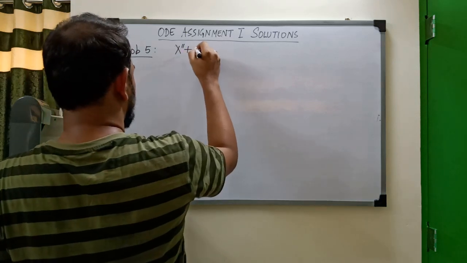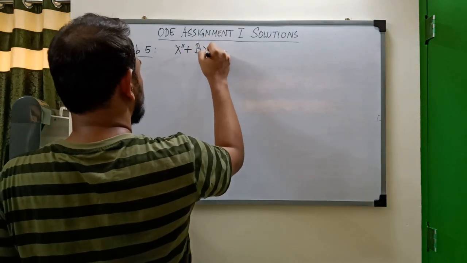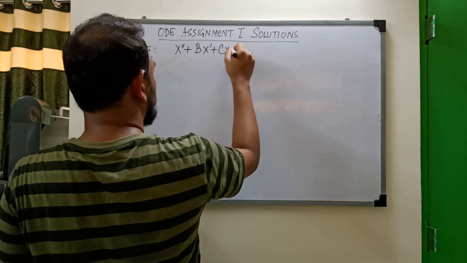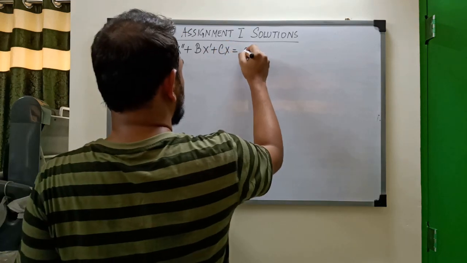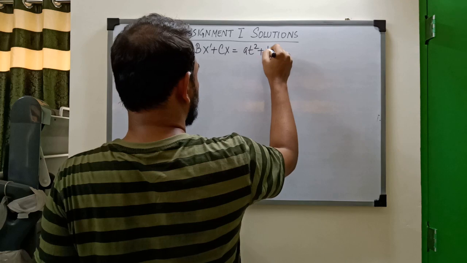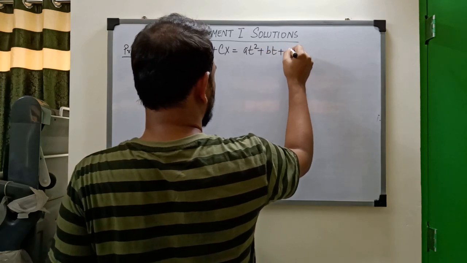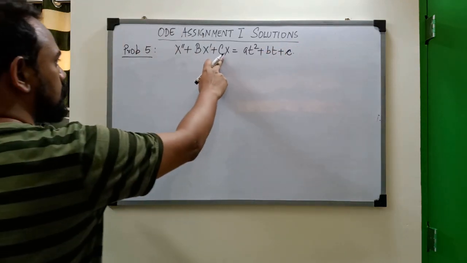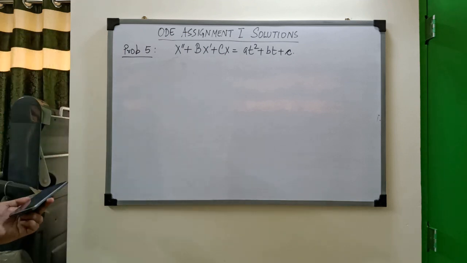Again, you have to find the particular solution, x double prime plus bx prime plus cx, and on the right you have a polynomial input, at square plus small bt plus small c. Remember, I'll write small c like this just so you don't confuse it with capital C.